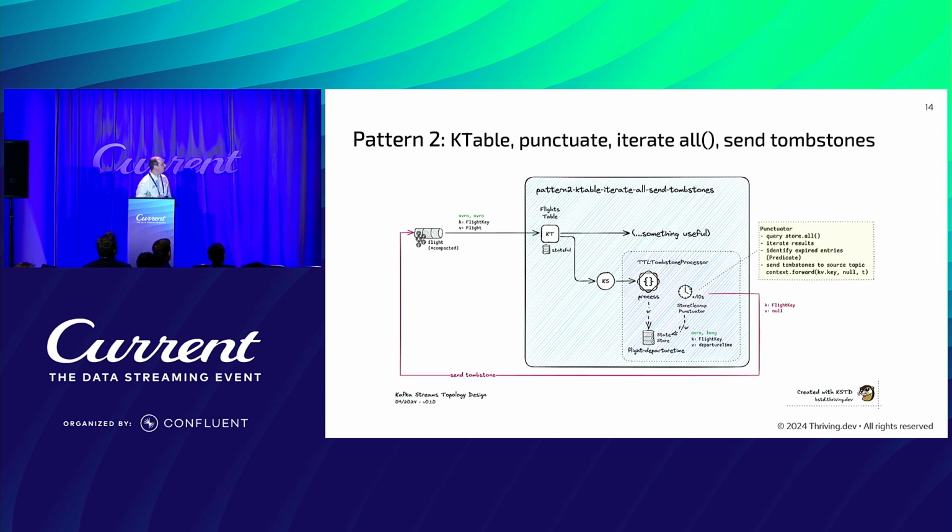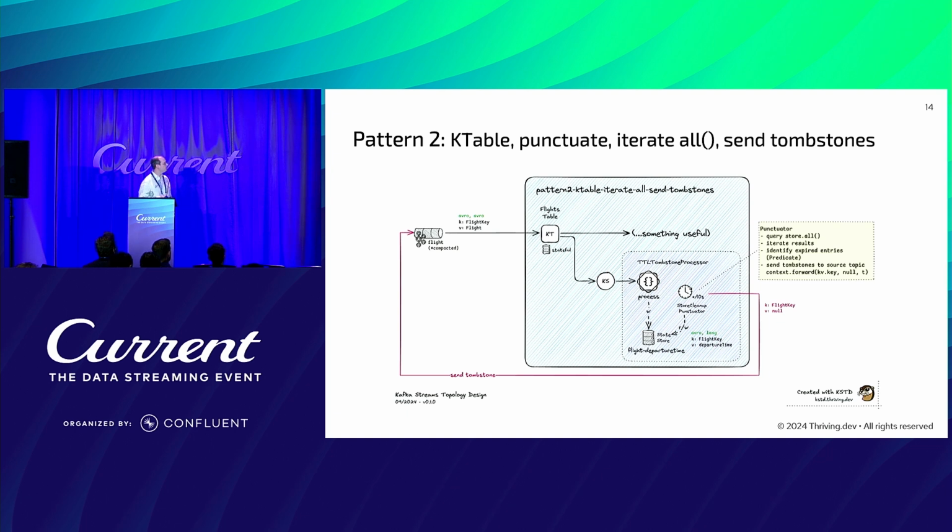But in addition, we simply define, off of this k-table, an additional stream and a custom processor, and essentially it's almost the same as in pattern 1. We just store records to a custom state store, and we have a punctuator which reads from the state store and iterates, and in the end, if we want to evict data, it emits a tombstone to the actual source topic.